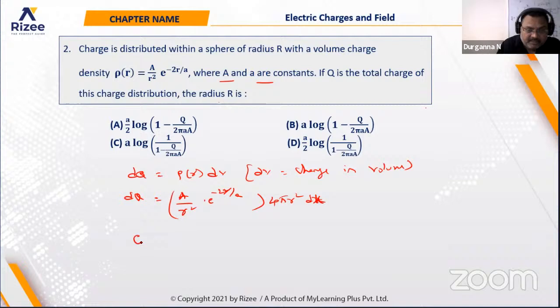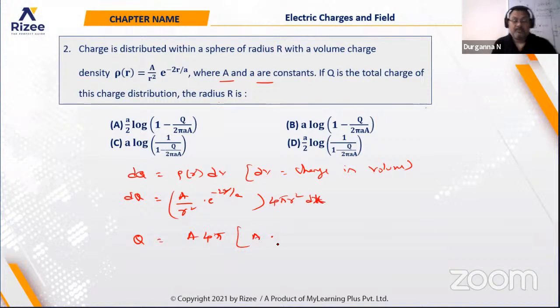So this is the one charge. Now you can go for the integration of q. Remove the common terms: A is one, another one is 4 pi. If I bring it inside, A by r square into r square, and we need to multiply e to the power of minus 2r by a.